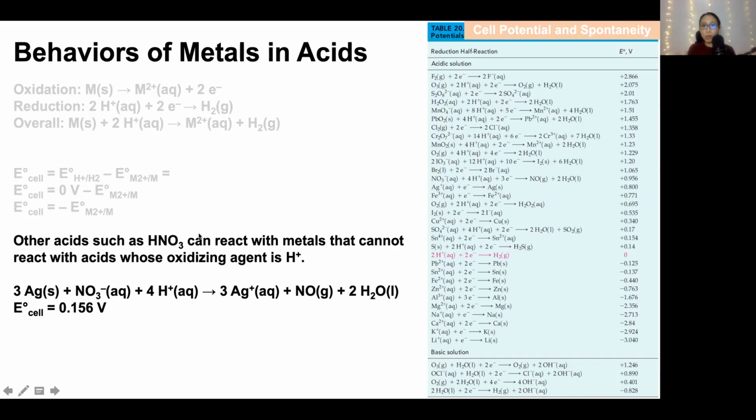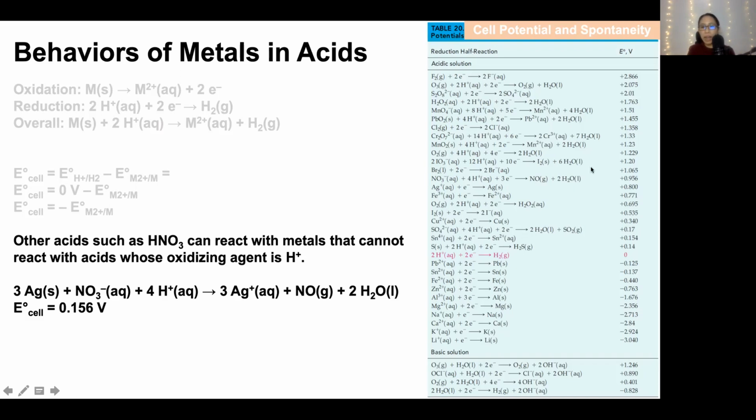However, nitrate, also an oxidizing agent, is actually able to oxidize your silver metal. So if you look here in our table, nitrate is found above silver.